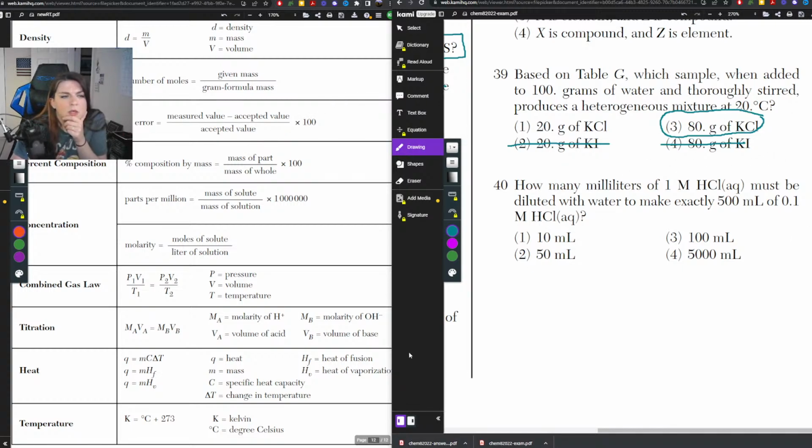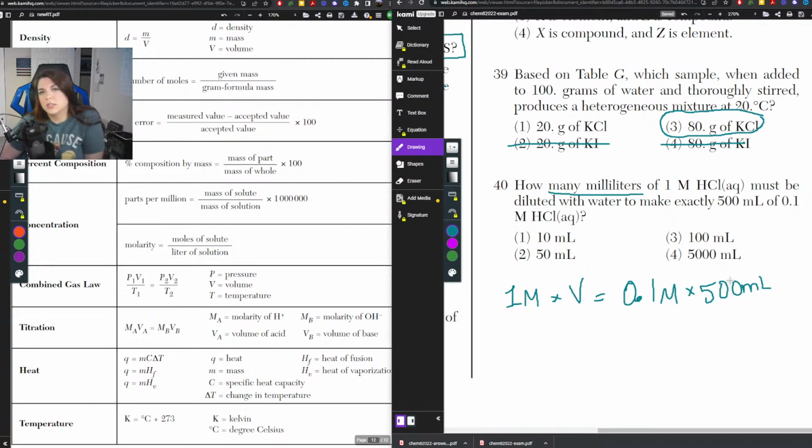Here we go. We're going to use the titration equation here. It's also called the dilution equation. The question is how many milliliters? So we're looking for the volume. The molarity here is 1 molar. So 1 molar times an unknown volume is equal to 0.1 molar and 500 milliliters. Now, it doesn't matter what volume goes into this equation. You could do liters and liters or milliliters and milliliters. Just make sure they're the same.